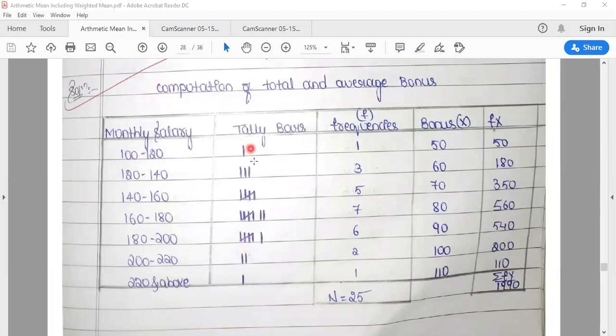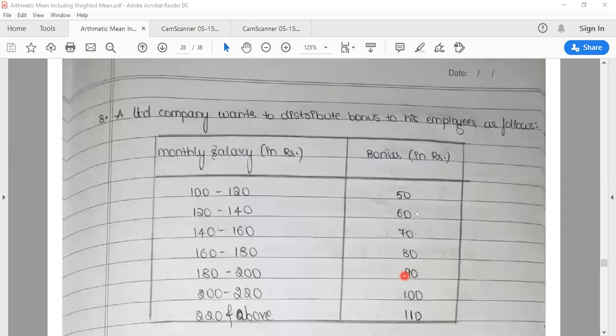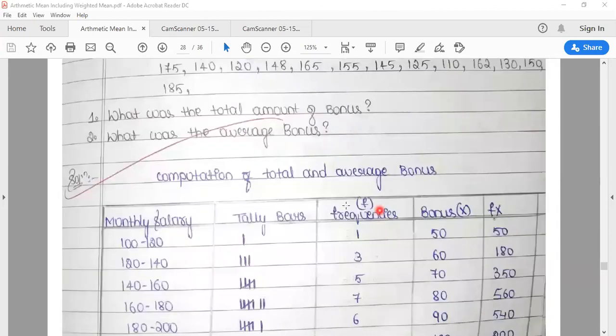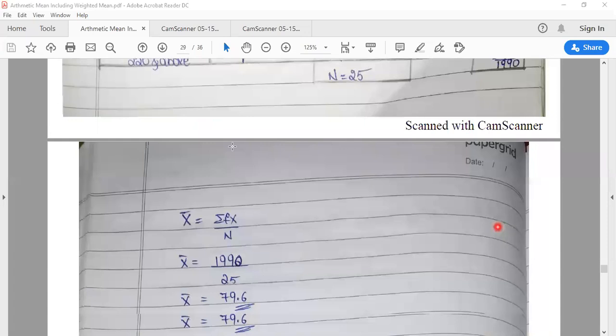So tally bars are given. Then using tally bars, you will understand the frequencies. Once you get the frequencies, then take the bonus. Bonus will be the X. Now find fx and then apply the formula.